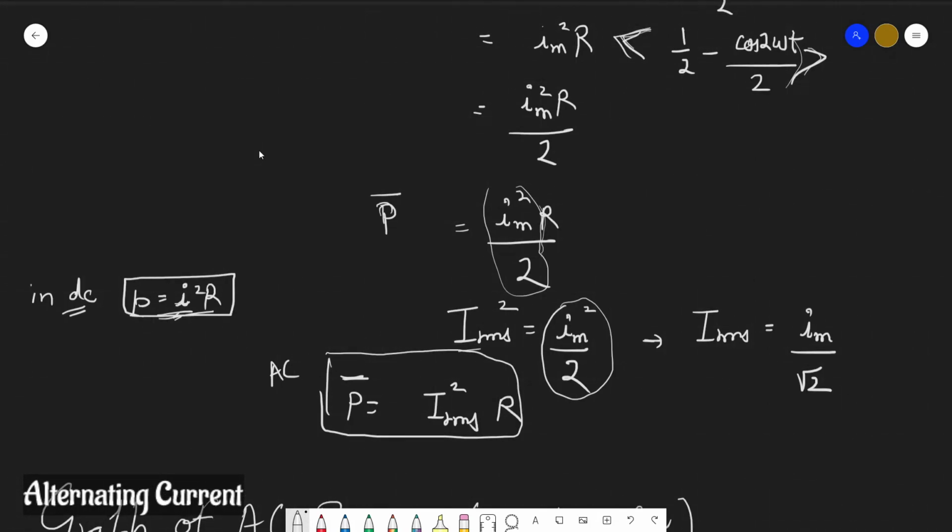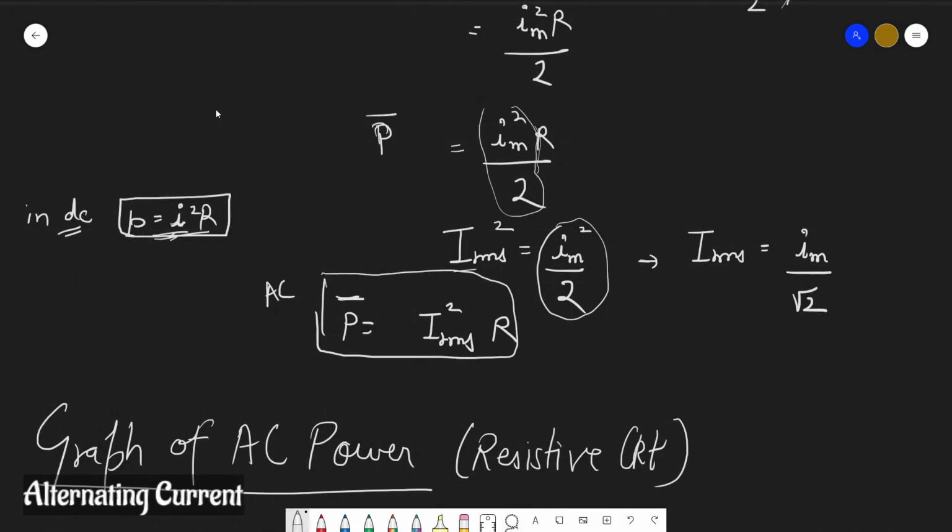Now here you can also write power as Irms square R, and similarly you can write power as Vrms square by R. Okay.